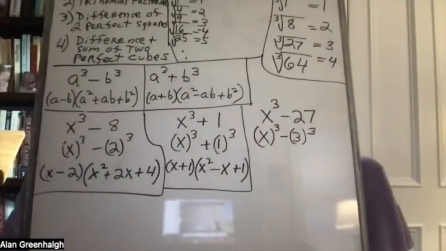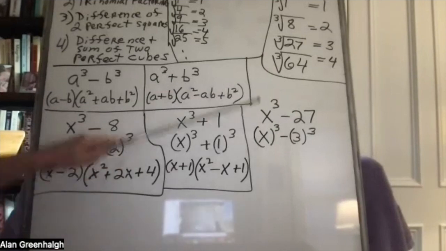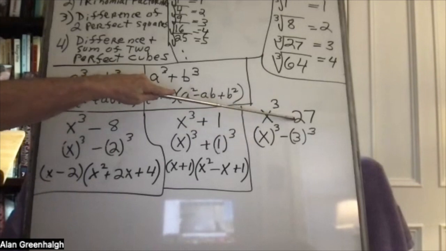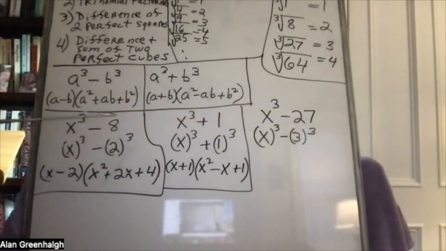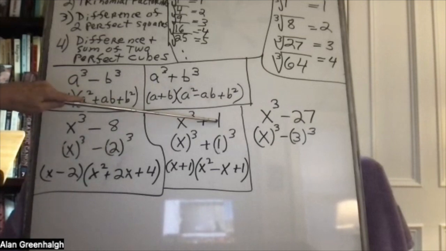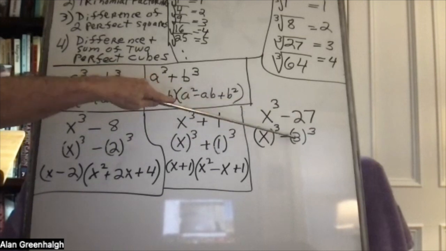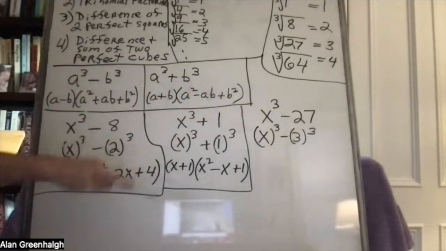That's the first step. Always write the perfect cube this way, just like we did 8 with a 2. The cube root of 1 was 1. The cube root of 27 is 3. So now we're all set.